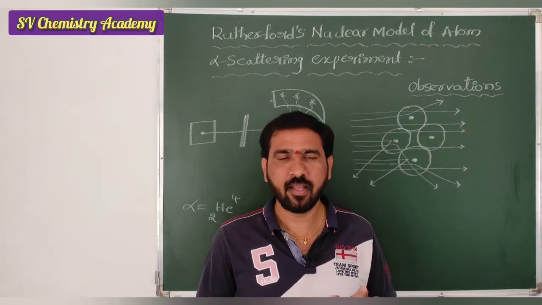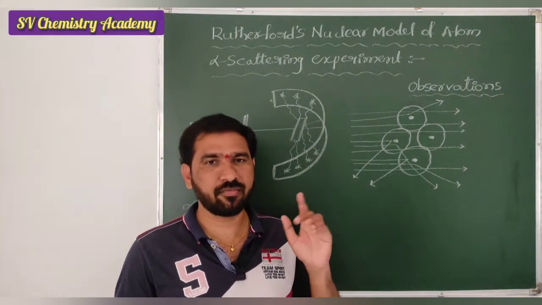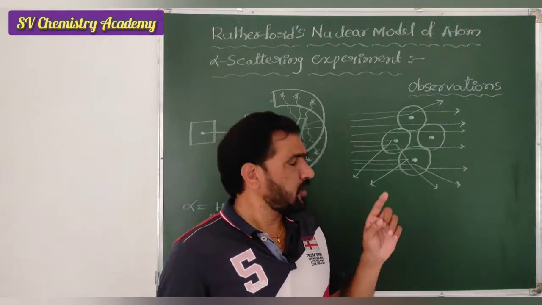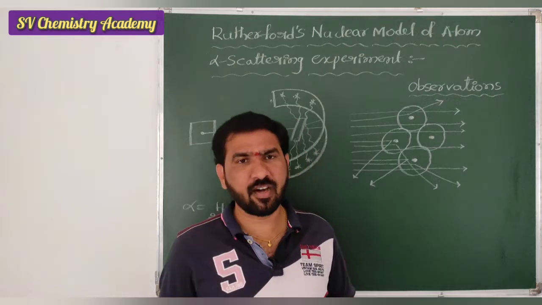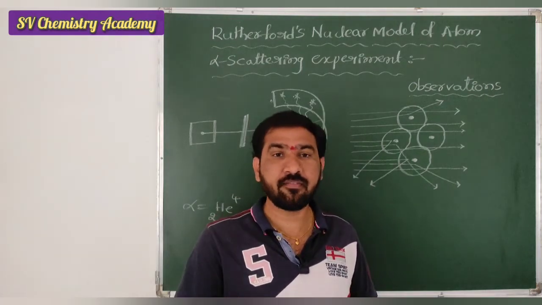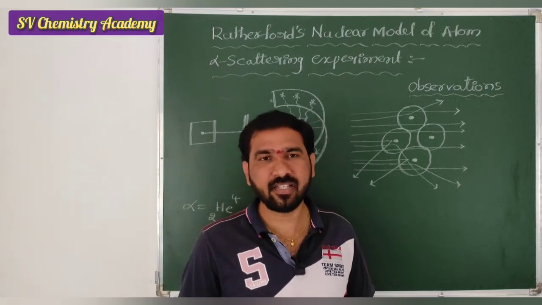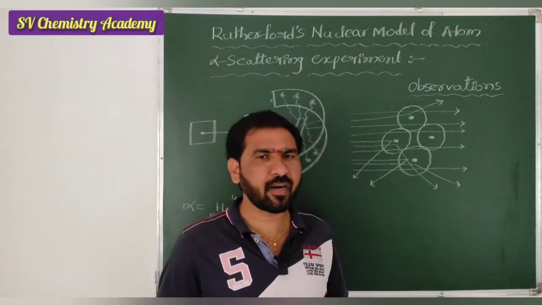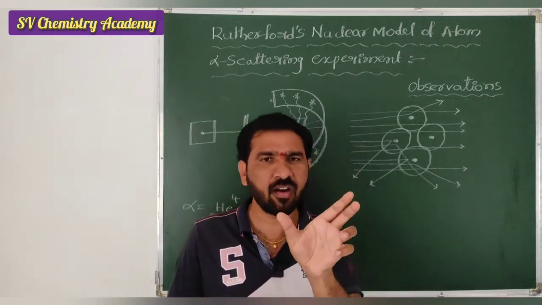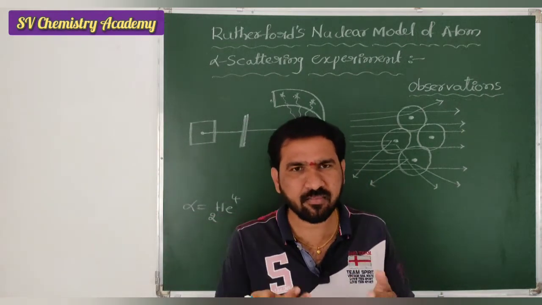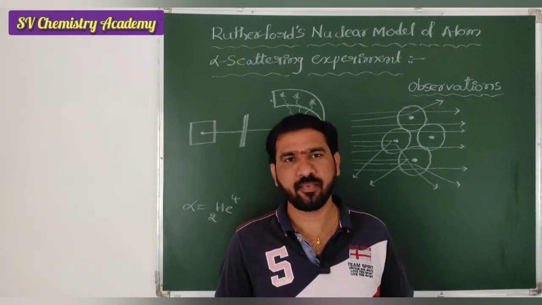Third observation by Rutherford: very few alpha particles were deflected by 180 degrees. It means that very few alpha particles touch the central point, which is a very small region. That's why very few alpha particles get 180 degree deflection.